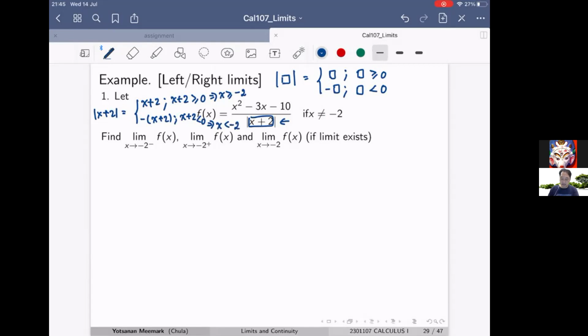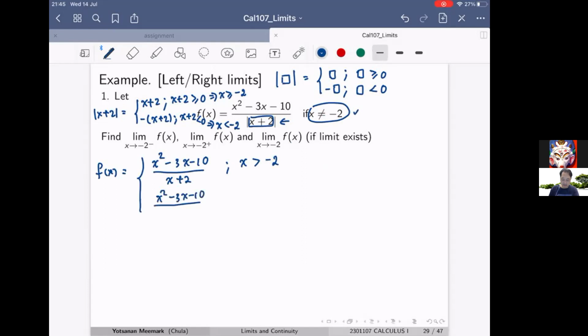But for this function, your x cannot be negative 2, right? So this function is actually x squared plus 3x minus 10 over a positive x plus 2 whenever your x is greater than negative 2, you see, it cannot be equal. And then x squared plus 3x minus 10 over the negative of this function whenever your x is less than negative 2.